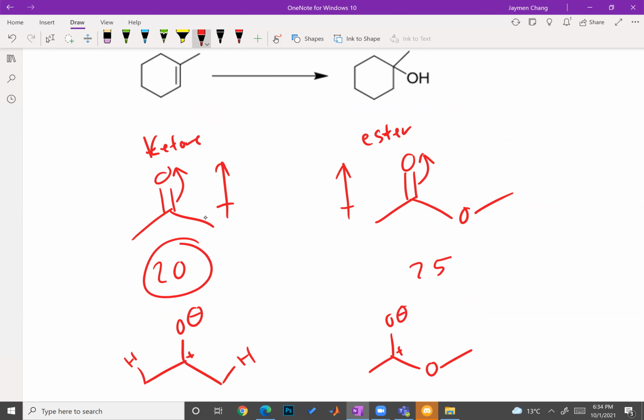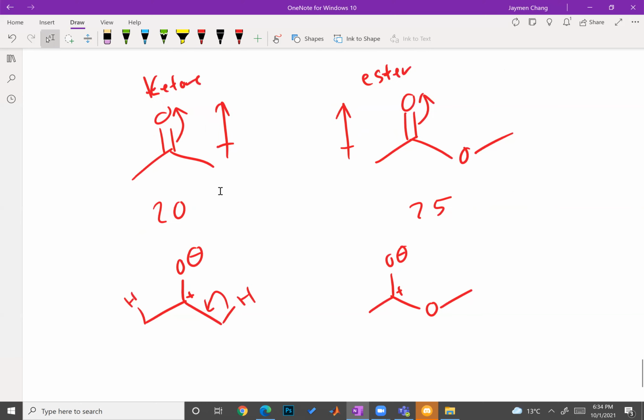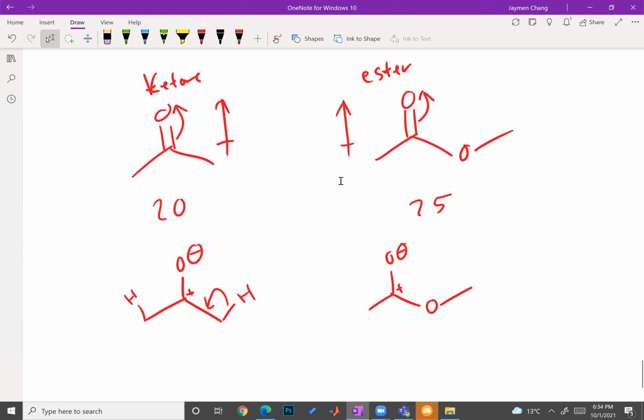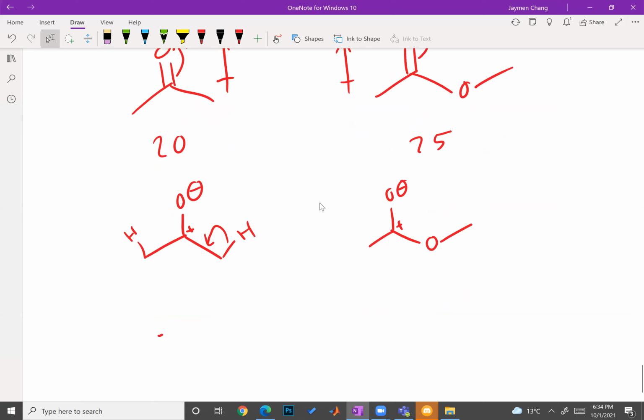The ketone is more acidic, meaning we're more likely to have this hydrogen come off like this, right? When we draw this, we form this species, which is something called an enolate. You don't have to worry about that too much right now. It will come up later in the course.